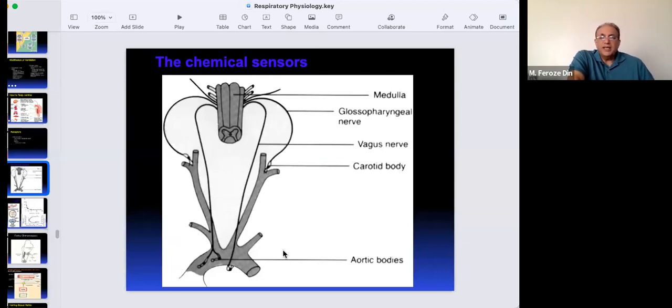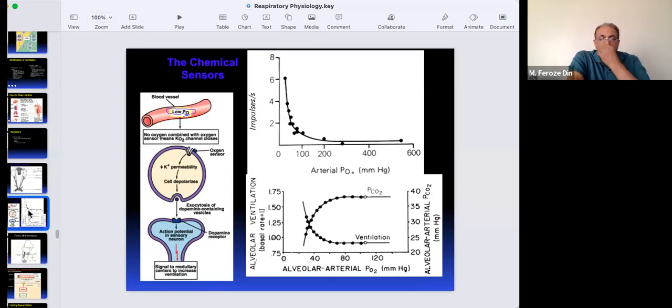These carotid and aortic bodies have a mechanism for detecting the level of oxygen. They actually have receptors that combine with oxygen, and this causes certain potassium channels closure to occur and causing depolarization of the receptors, and then the action potential in the nerves.